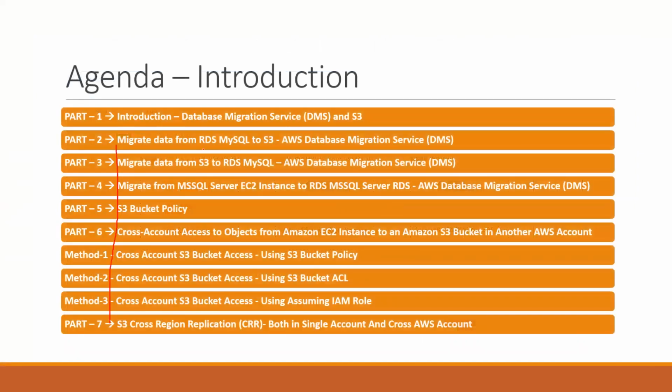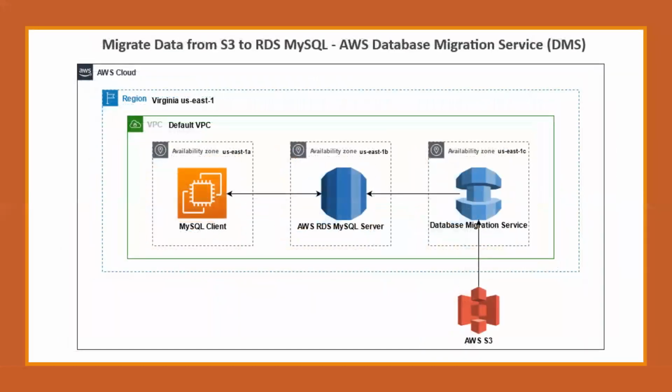In part 3, we will discuss the reverse of it: how we can migrate data from S3 to RDS MySQL using the same DMS tool. Same thing in the next diagram: we will create one CSV file, one database in terms of a CSV file, and using the DMS service, we will migrate all that data to the MySQL server.